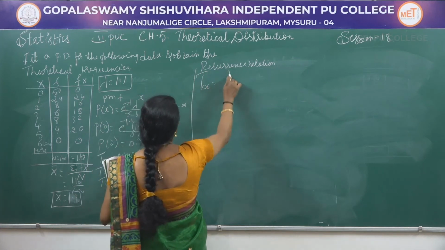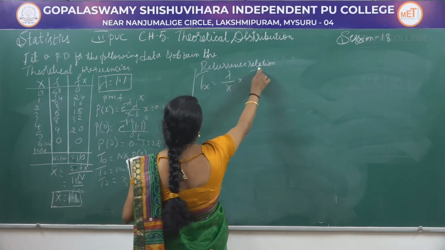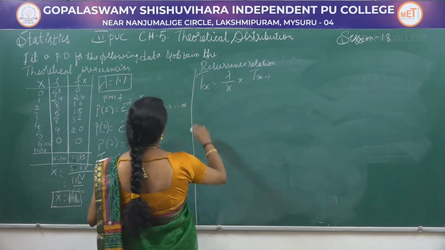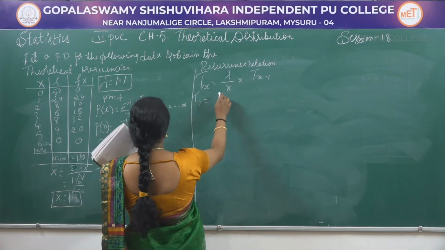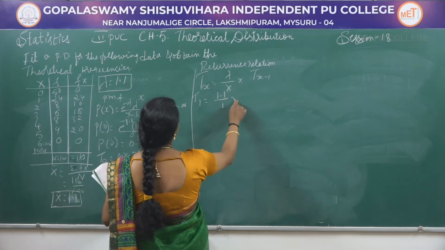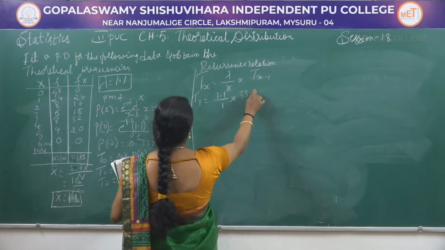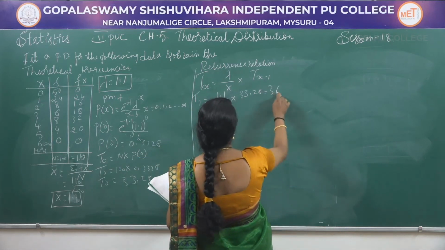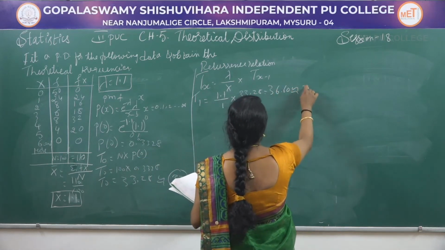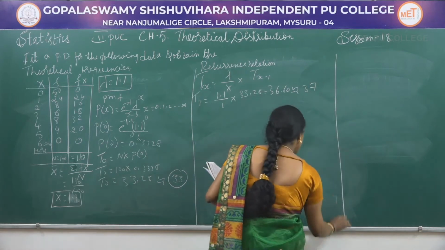T of x equals lambda by x into T of x minus 1. First find out T1, which is 1.1 by 1 into 33.28, and this is equal to 36.60, approximately 37.